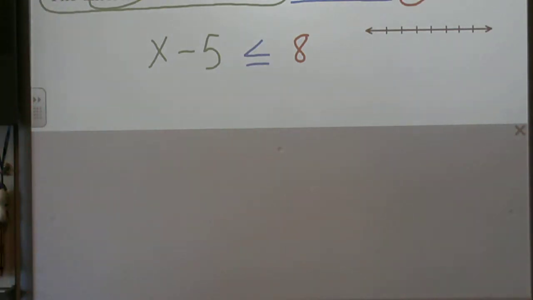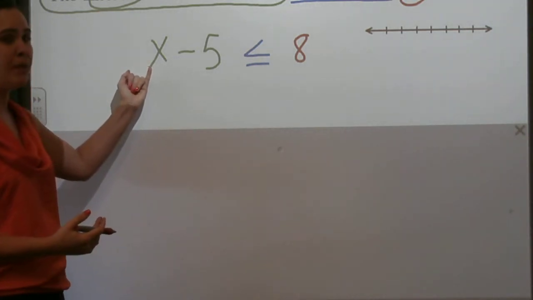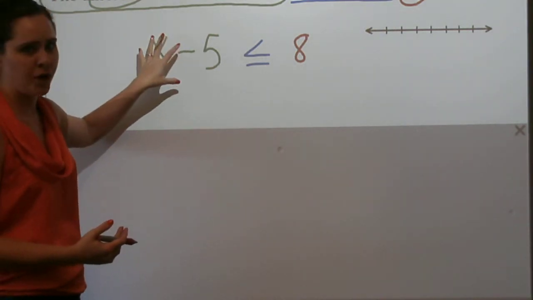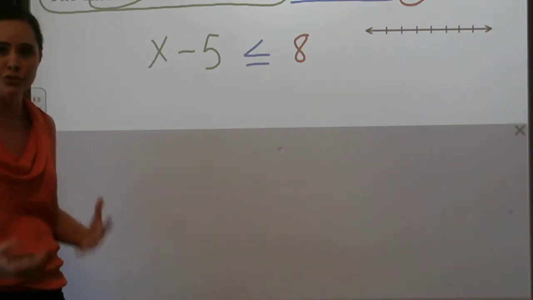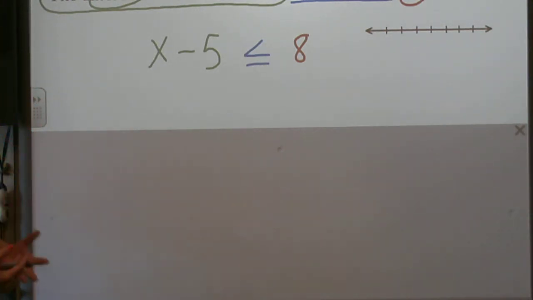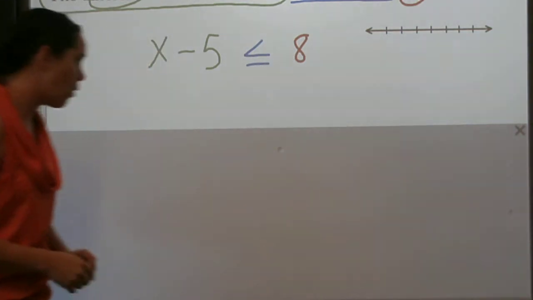Okay? Now I don't have a value set yet for my solution. I need to find what values could be plugged in for x to make this side of the expression less than 8. And there's more than one solution to this, which is why we graph it. So we represent all of the solutions. So I have a one-step inequality.